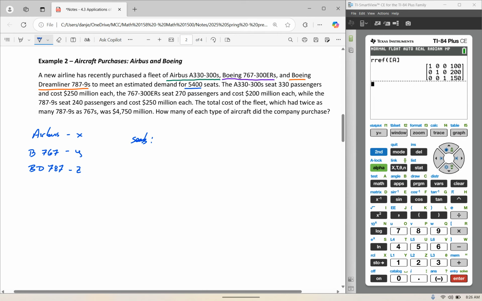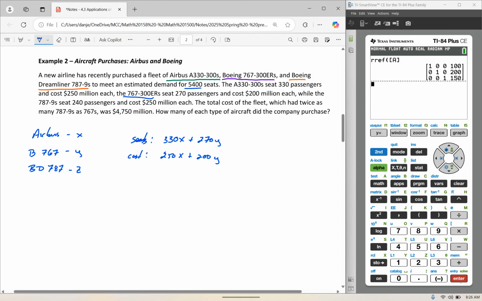Now the Airbus, 330 passengers per plane, where X is the number of planes, at a cost of $250 million per plane. So the second equation is cost. The 767s, so that's Y, will seat 270 passengers, and they cost $200 million each.